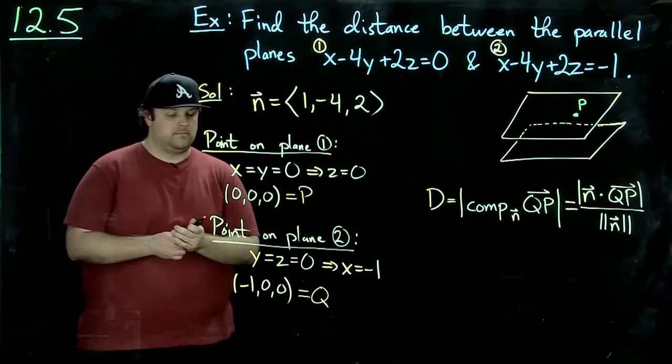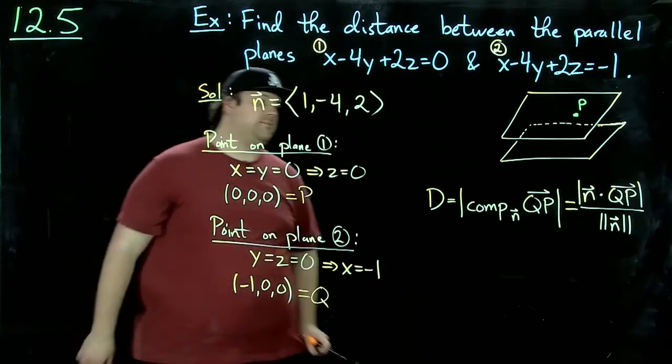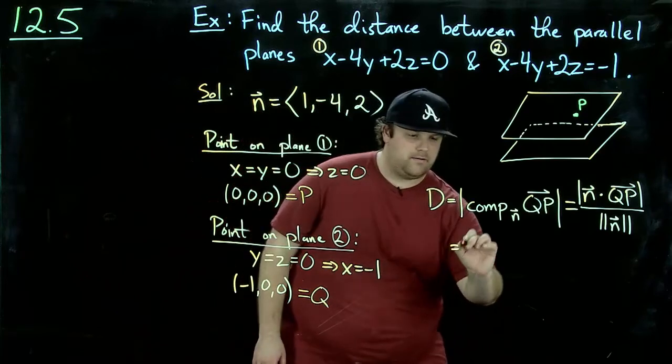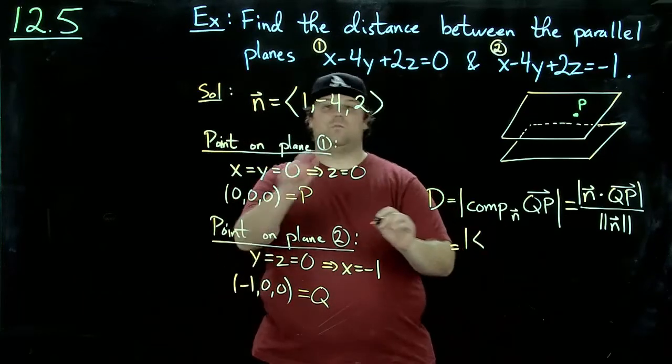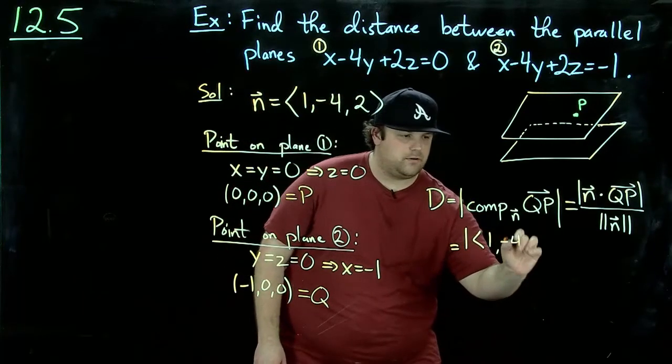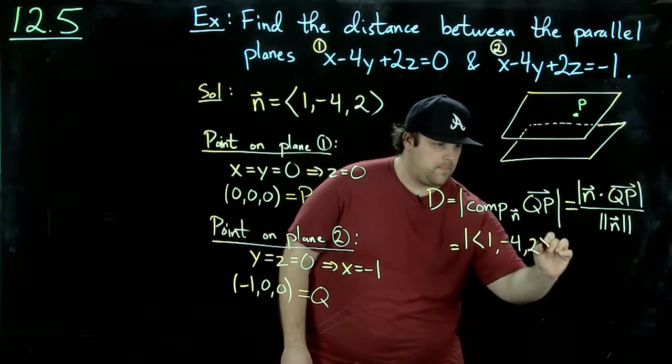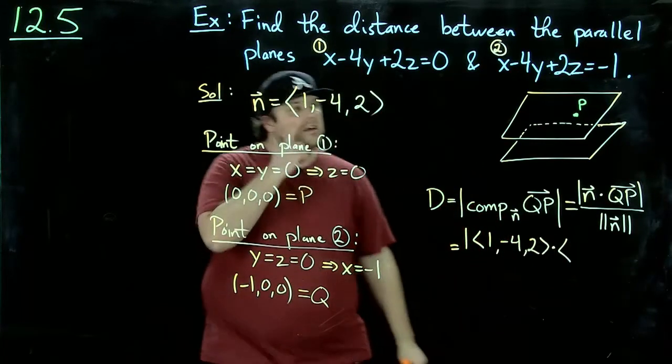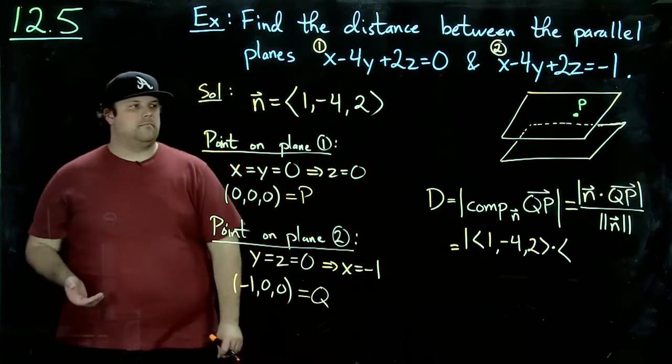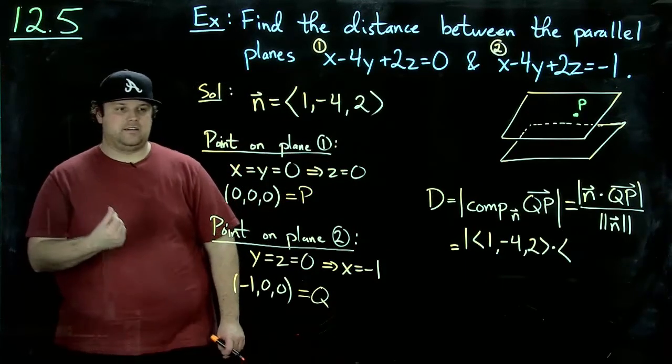Right? So let's do our computation. n is 1, minus 4, 2. QP, remember, that's tip minus tail.